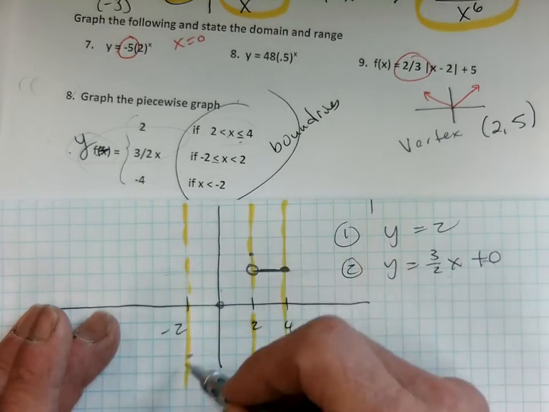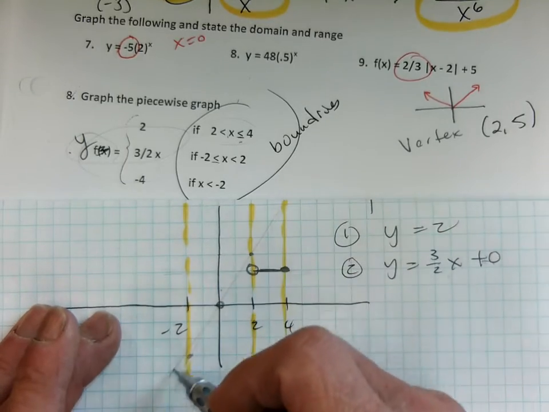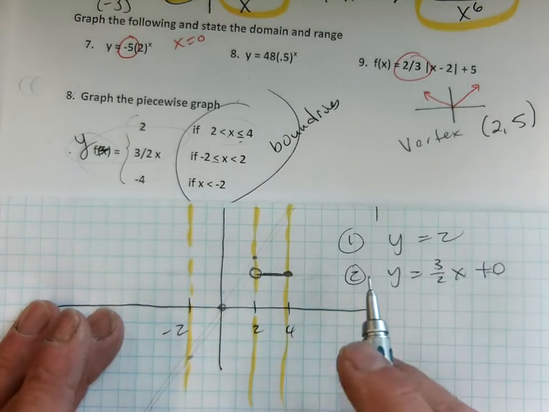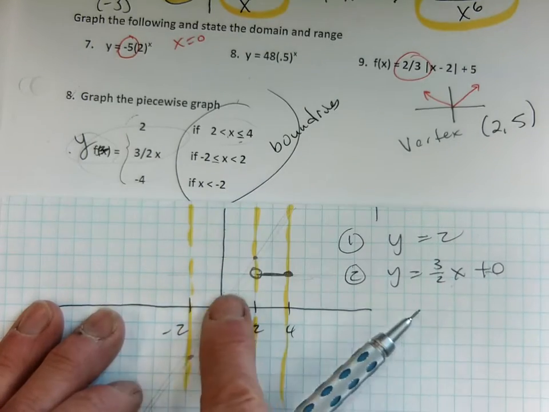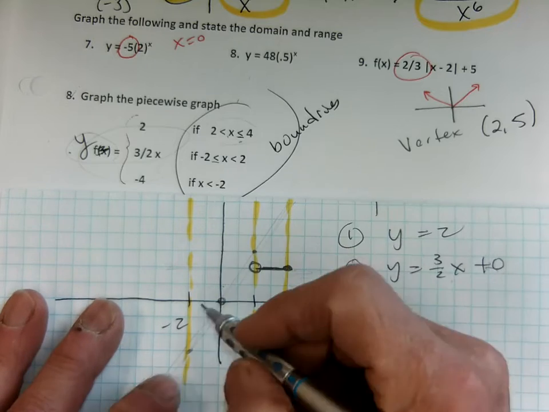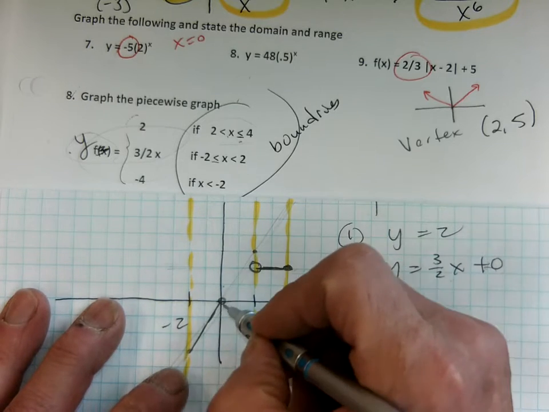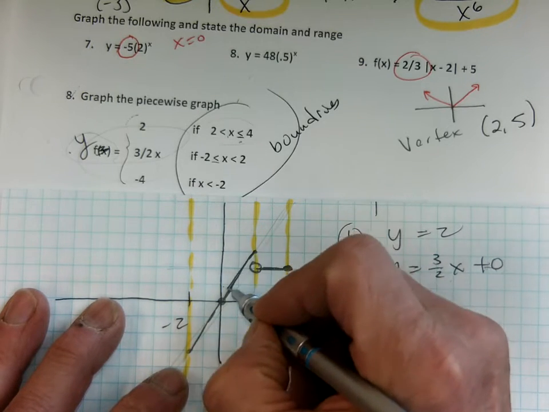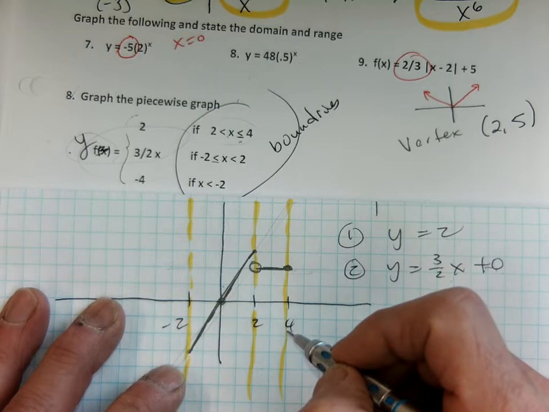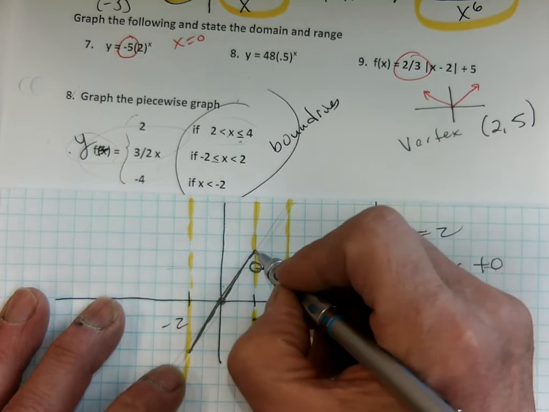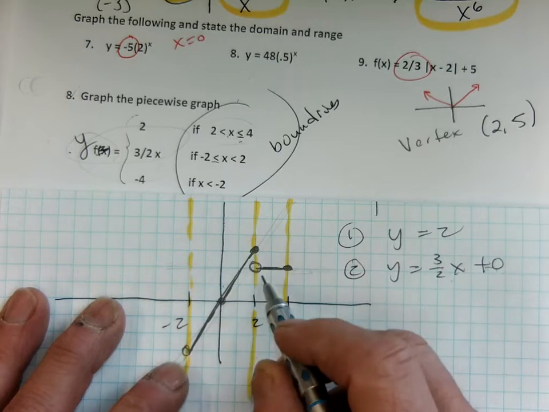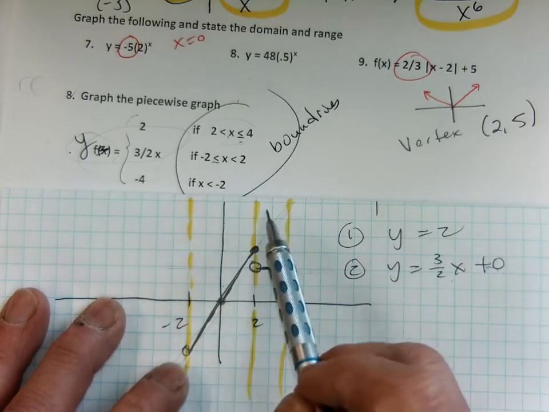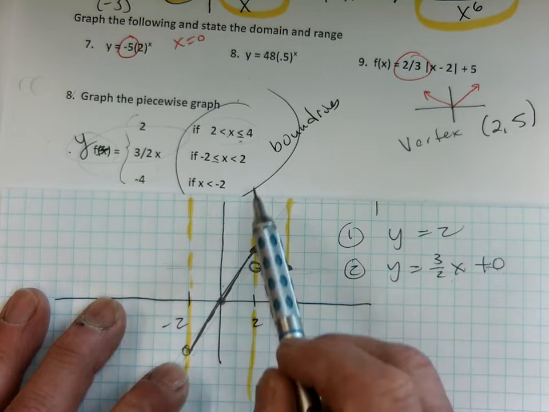And the line would go all the way like this. But I don't want all of that. I only want the part that's between -2 and 2. So I'm just going to go like this. They're not connected, but they don't have to connect. And I'm going to have a closed circle and an open circle right there. Closed circle because of the equal, and open circle because there's no equal.